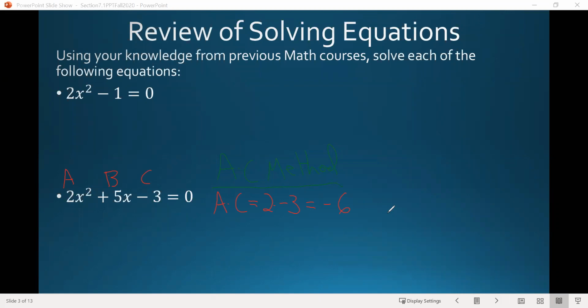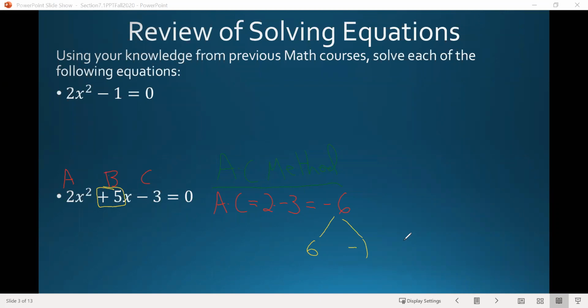And the next thing I'm going to do is find two numbers that will multiply to give me negative 6, but add to give me this middle term, the value for B. I think we just saw one a minute ago that was very similar to this. But in this case, I think we could do 6 and negative 1. 6 times negative 1 will give us negative 6, and 6 plus negative 1 will give us positive 5.